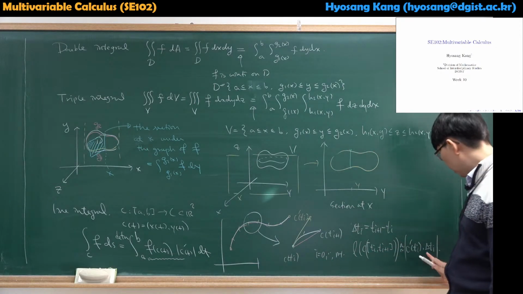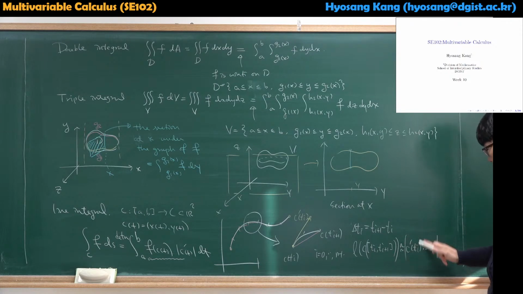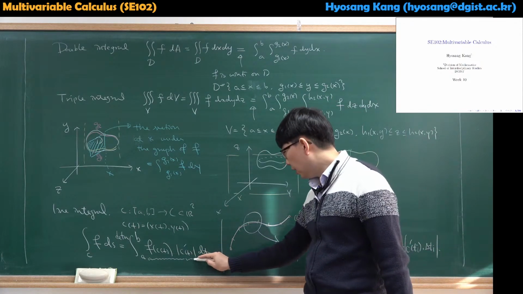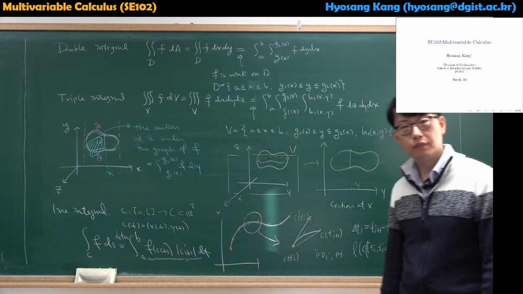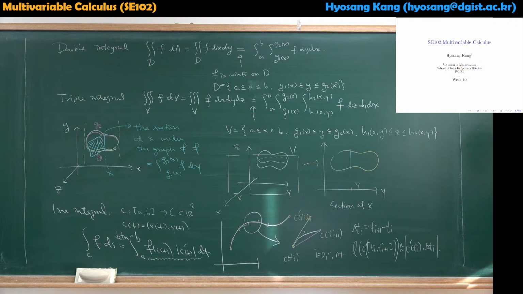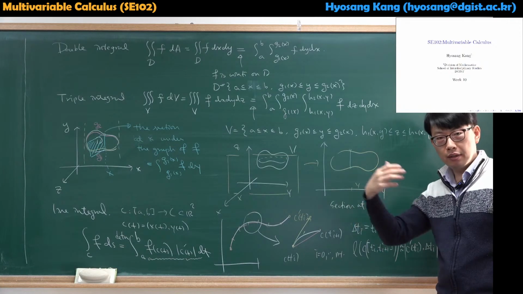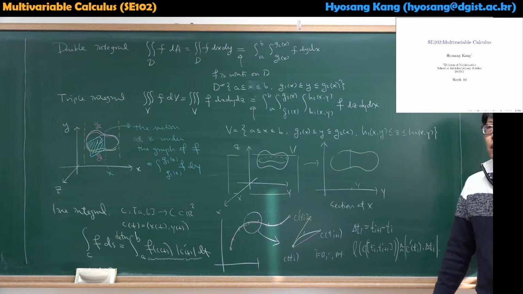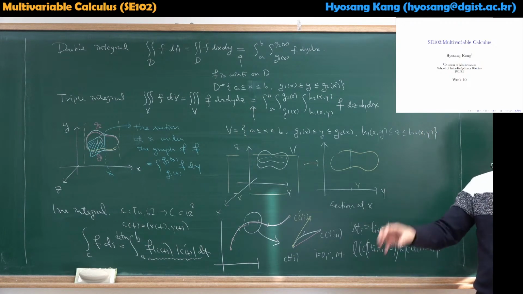So this delta t becomes dt, and we have the absolute value of C prime t, which is the norm of the vector here, and we have a multiplication with the function and then add. So this is the idea. And again, although this is a definition, you have to be able to explain why this makes sense in the sense of integration. Whenever you take an integration, the main concept is that you chop up things into smaller pieces and then add them all.